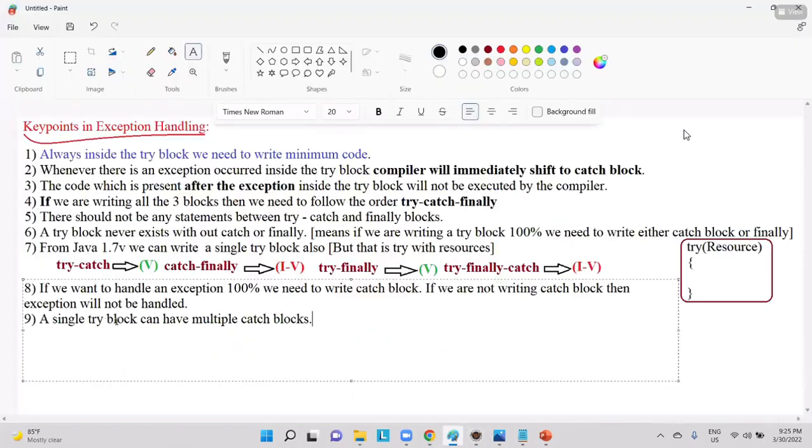A single try block can have multiple catch blocks, but we cannot have multiple finally blocks. Are you understanding me, guys? The finally block is always a single block. For a single try block, you can have multiple catch blocks, but you cannot have multiple finally blocks.